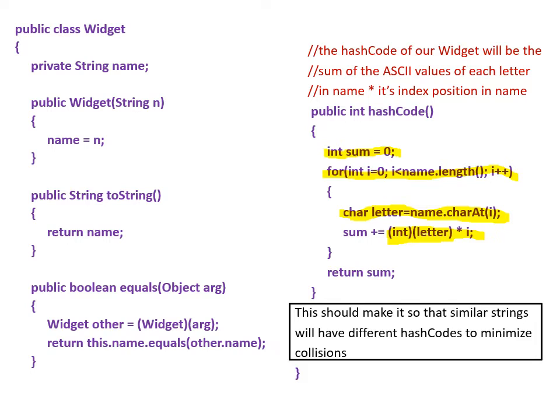Just consider those sums going from capital AAA all the way to capital ZZZ. If I needed to store, we'll say, 1 million widgets, then I'm only going to be occupying a pretty small band of that array. So again, this is just to show you the process of overriding hash code.